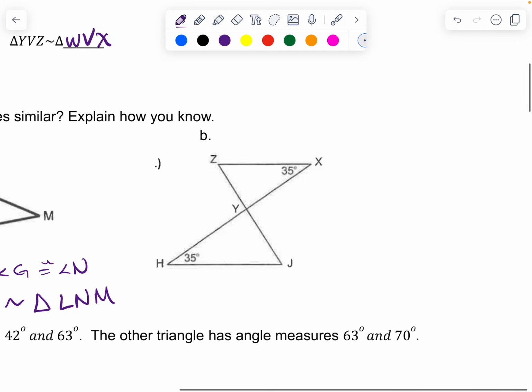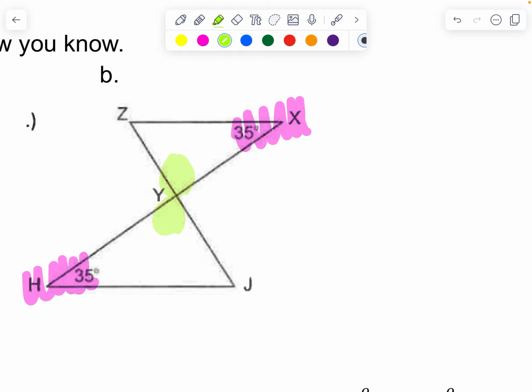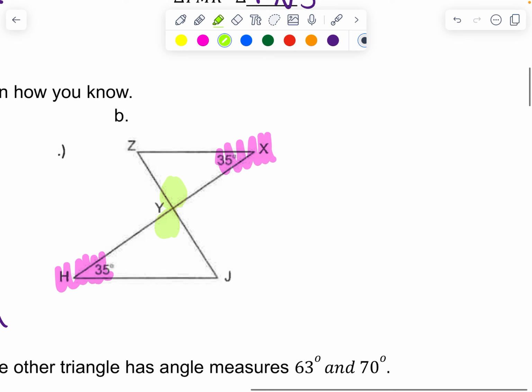Okay, over here. This angle is congruent to this angle. This is a vertical angle, and this is a vertical angle. So we have two angles.